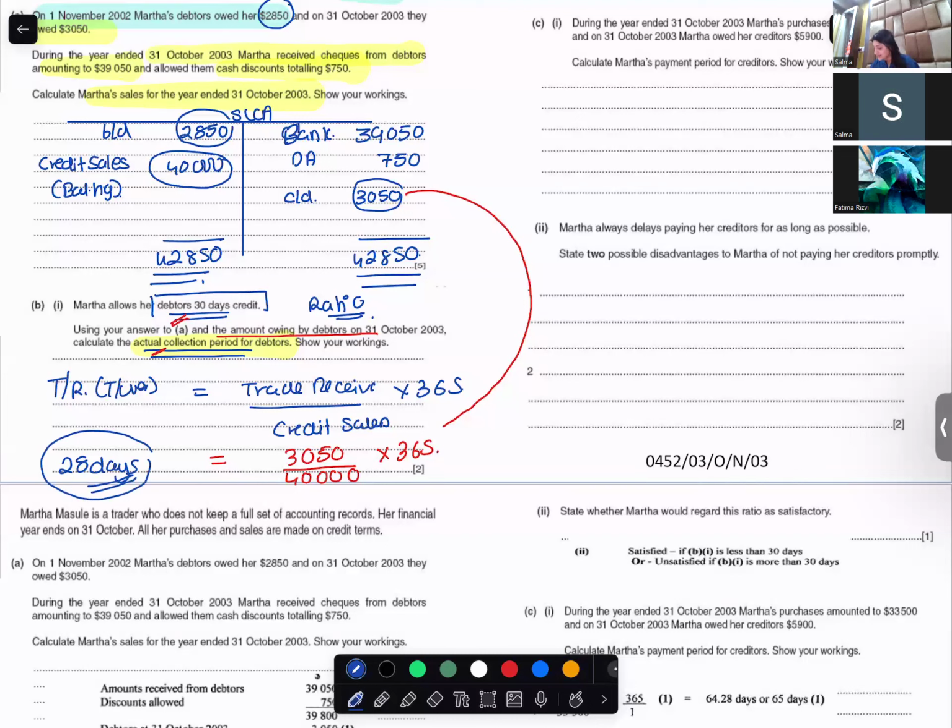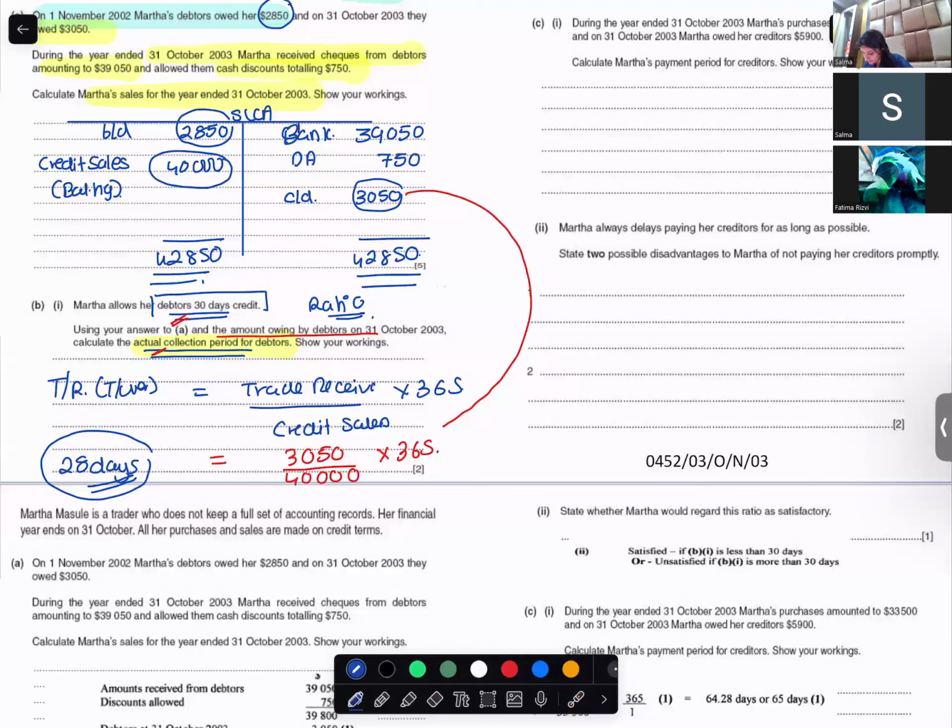What it means is that you allow your debtors 30 days credit, but they pay you in under 30 days.